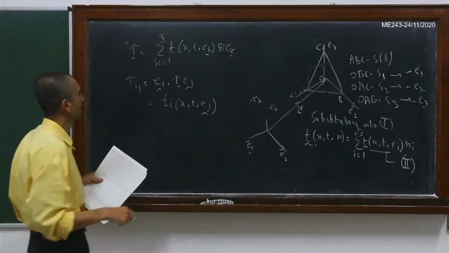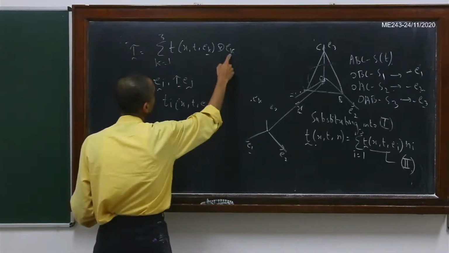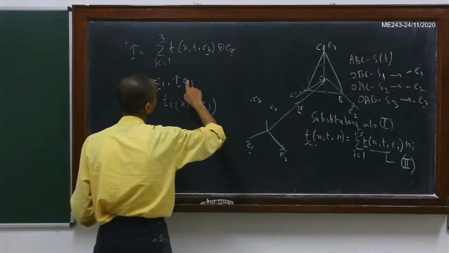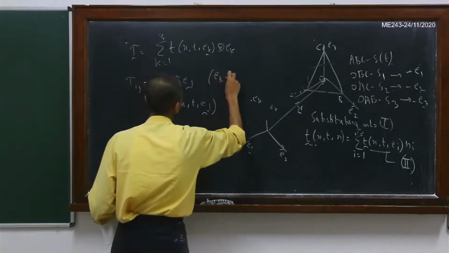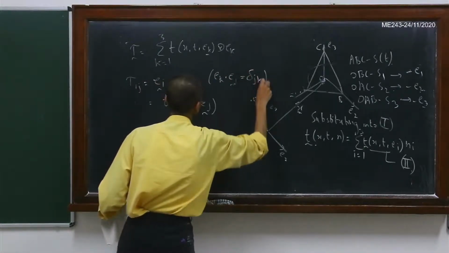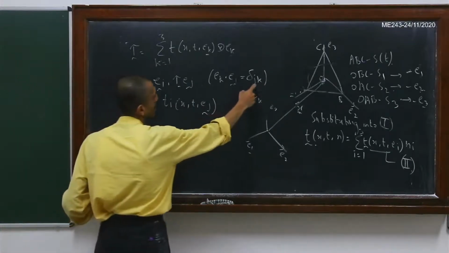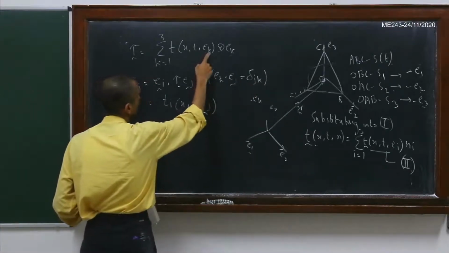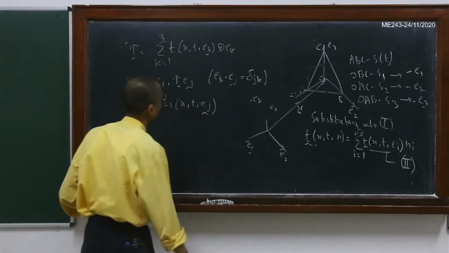That is because e_k times e_k dot e_j, where e_k dot e_j is equal to delta_jk, and then delta_jk acts like a substitution operator, so that will become j. That is how you get t_i of x, t, e_j.